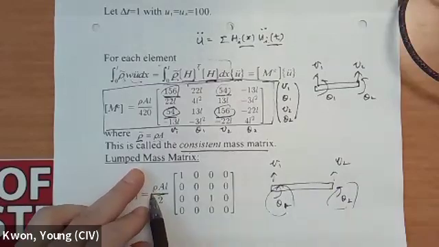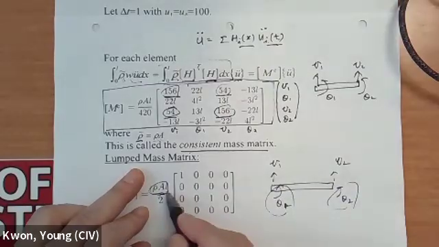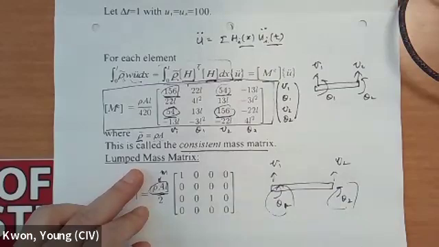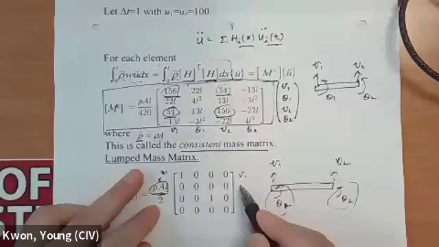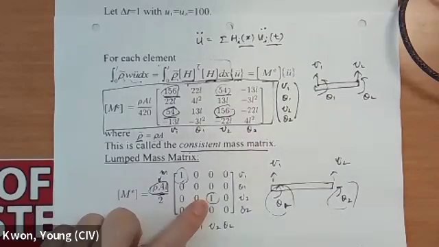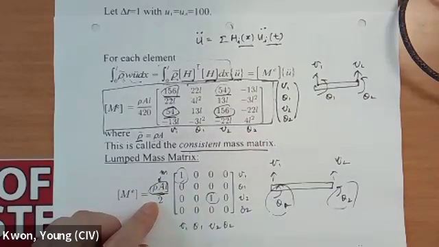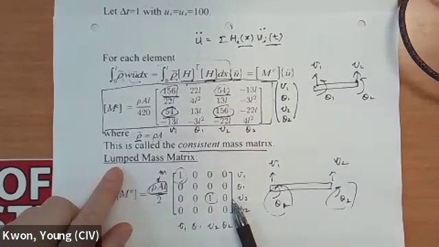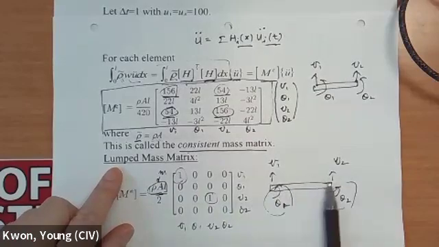The total mass M of the element is divided by 2 and goes to the first node. So again, V1, theta 1, V2, theta 2, and only V1 and V2 have this value. The rest of them are simply 0. This is called the lumped mass matrix. So we simplify that half goes here, half goes here, assuming this is a uniform beam element.